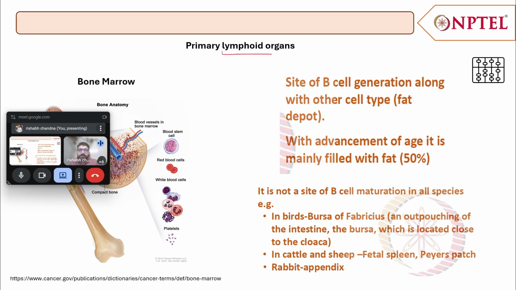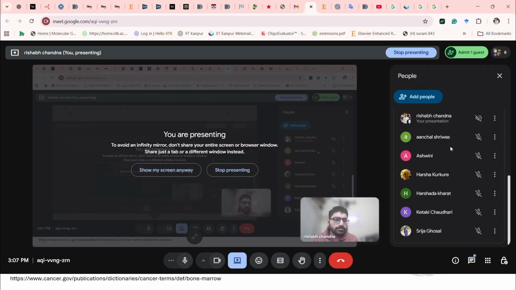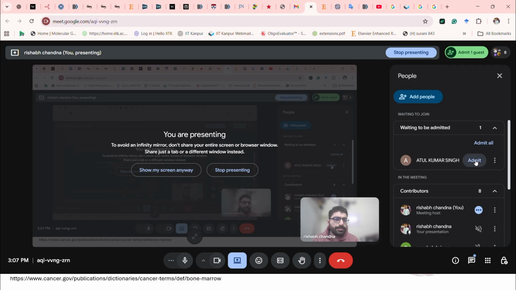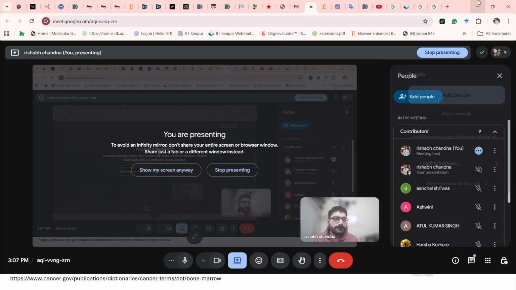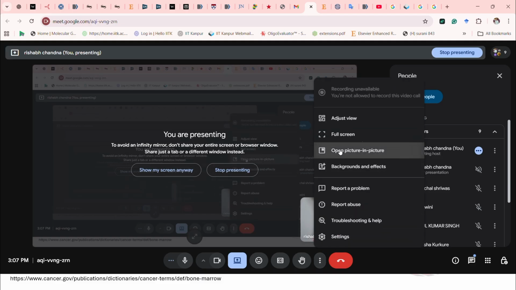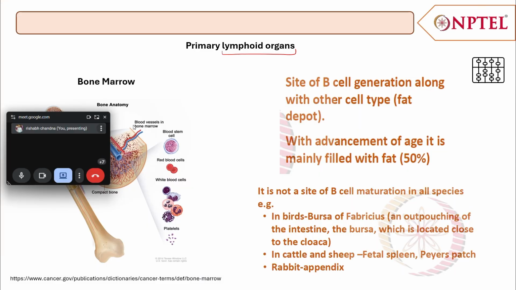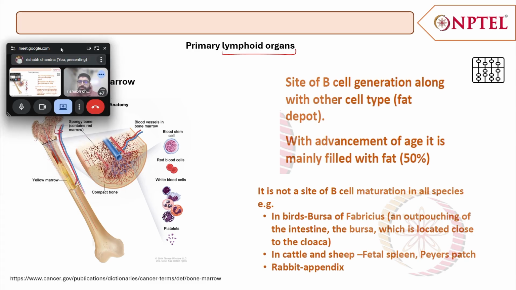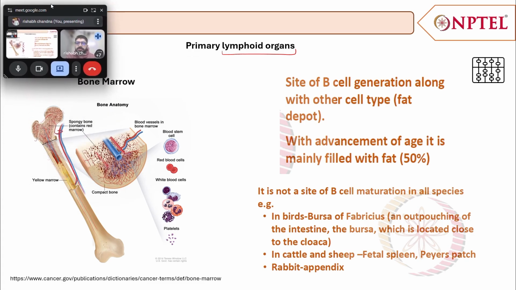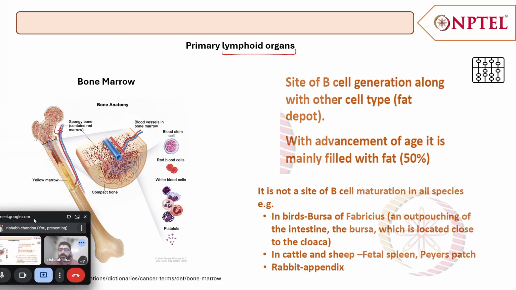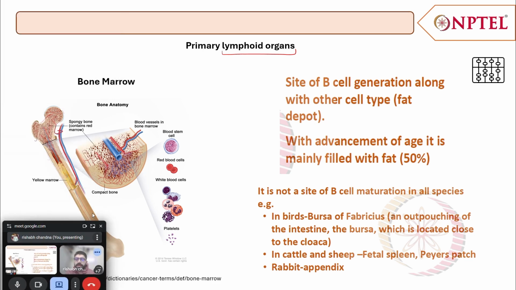So the lymphoid organs are the ones that actually help in developing as well as maturing the immune cells.